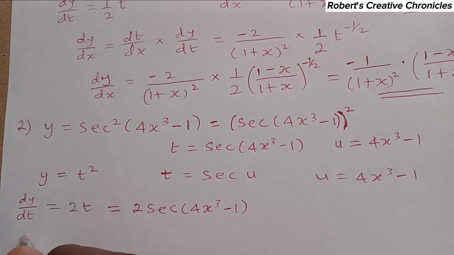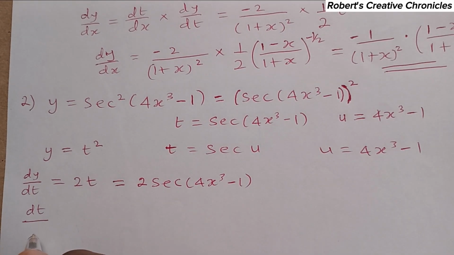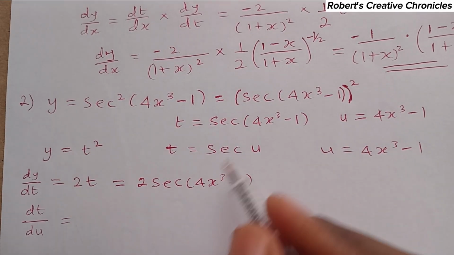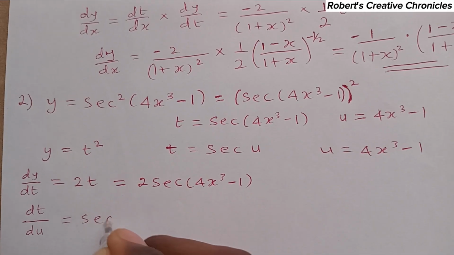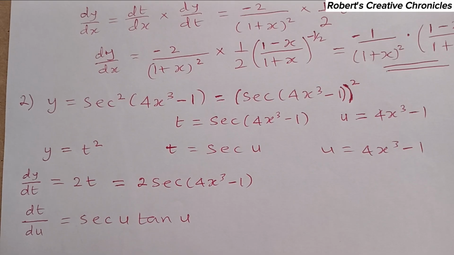Now the second one, dt over du. What's the derivative of sec u? It is sec u tan u. We can substitute u.